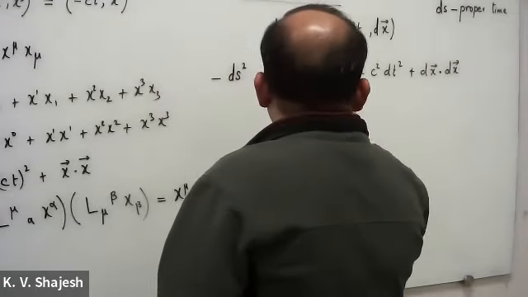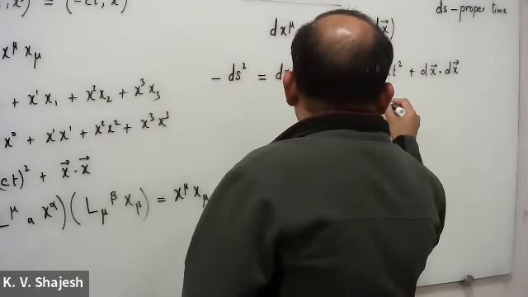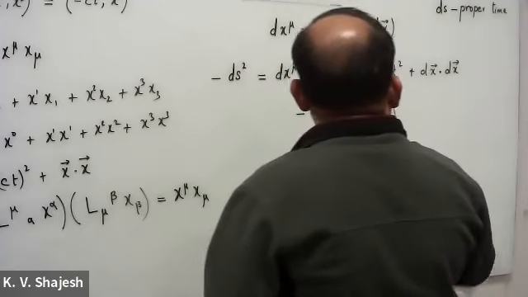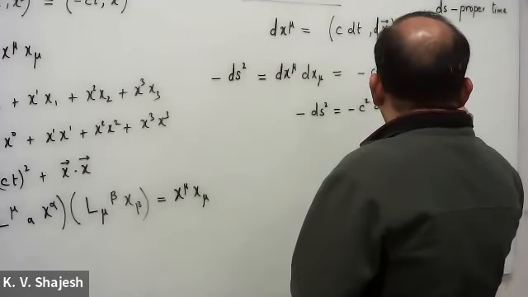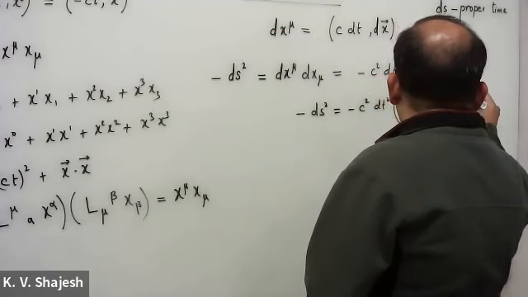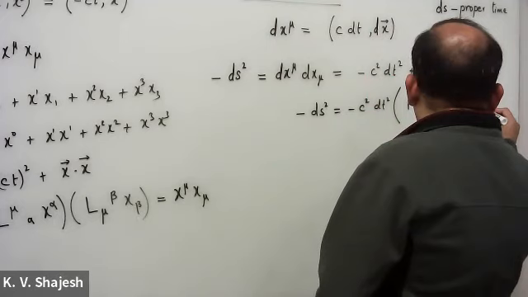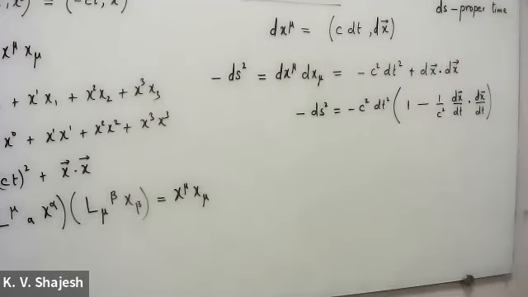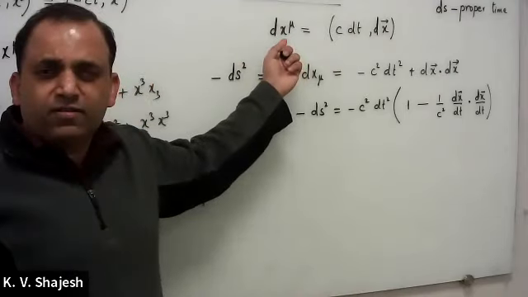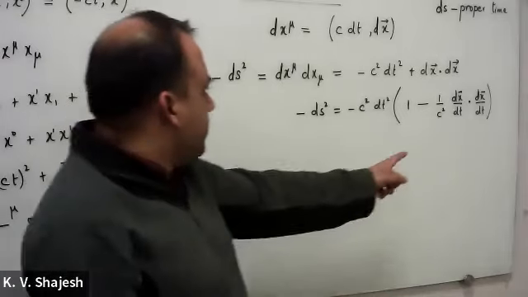Then I can write minus ds square is equal to minus c square dt square, and take this common. I have 1 minus 1 over c square dx over dt dotted with dx over dt. If x represents the coordinate of a particle that is moving, then dx by dt is velocity.